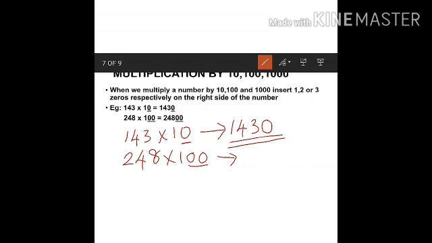So that our answer will be 2, 4, 8 and 2 zeros at the rightmost side. So this is 24,800. Okay. First we have to check the number of zeros and insert the zeros at the rightmost part of the number.